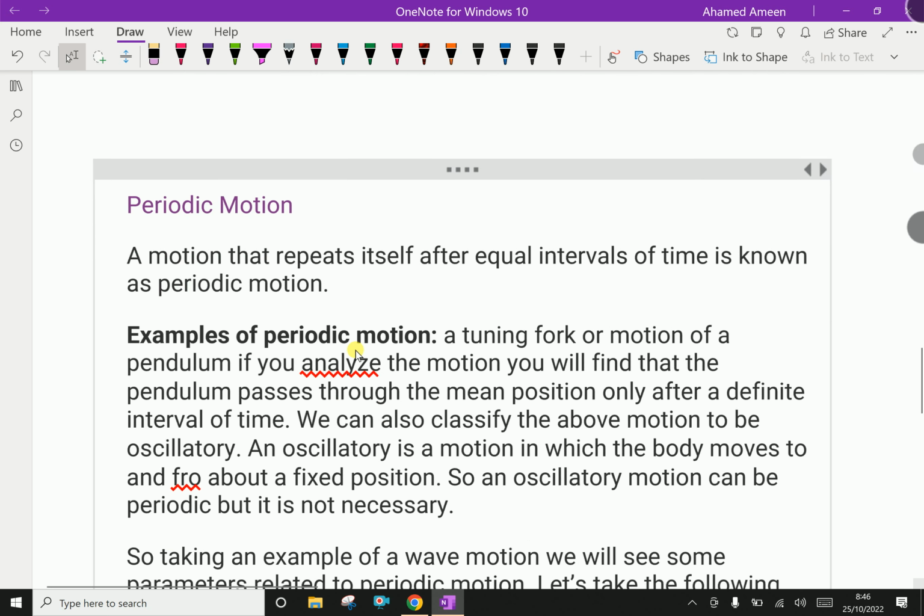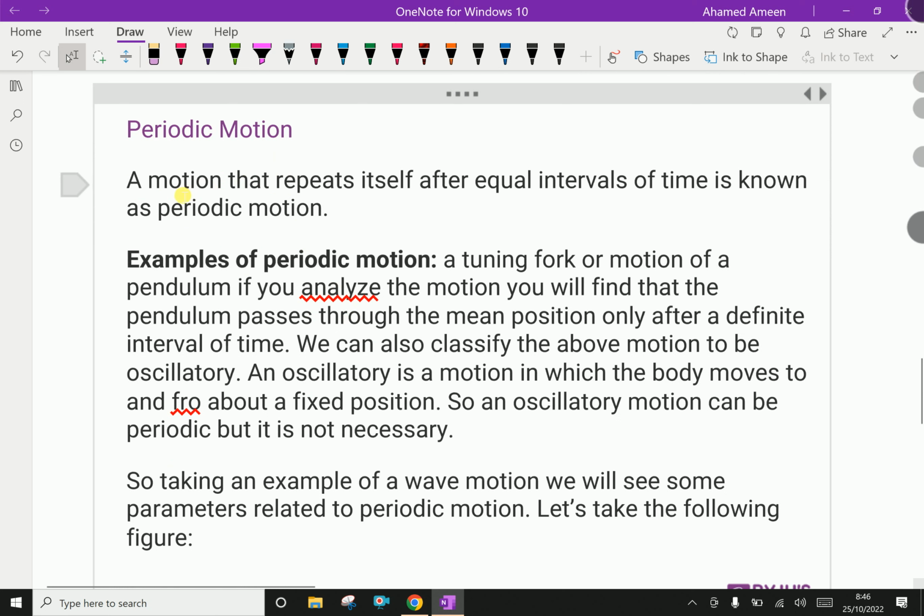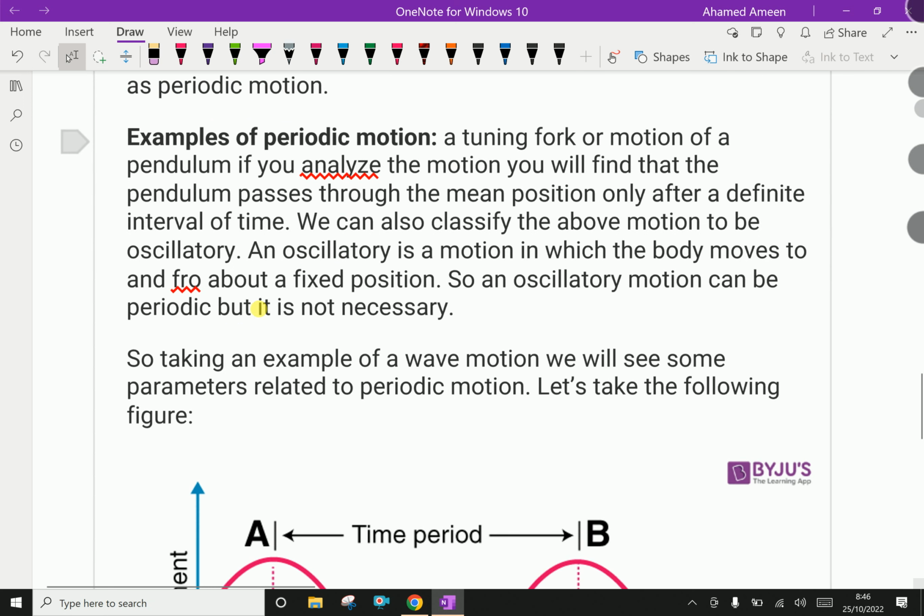Next, we will discuss further about periodic motion. A motion that repeats itself after equal intervals of time is known as periodic motion. That means it repeats continuously after a particular time interval. Examples of periodic motion: a tuning fork or the motion of a pendulum.